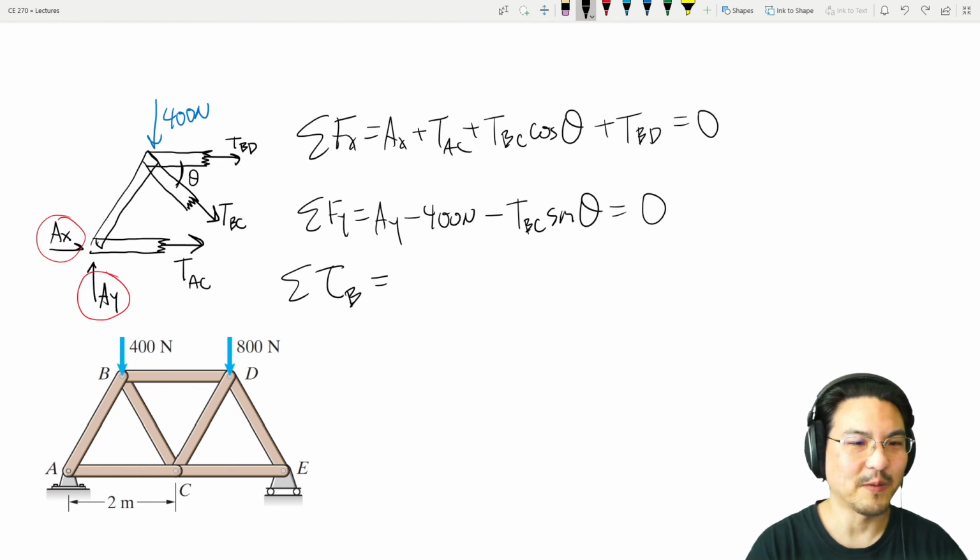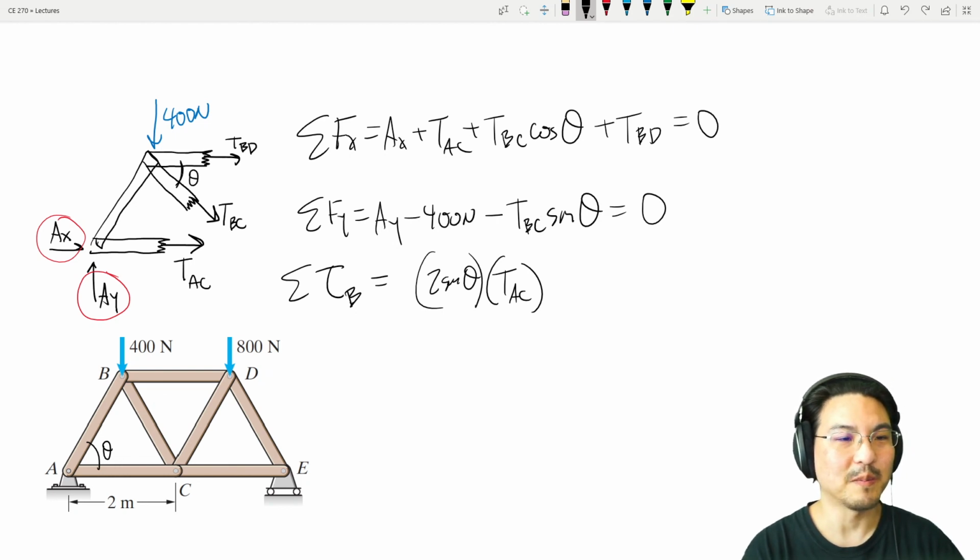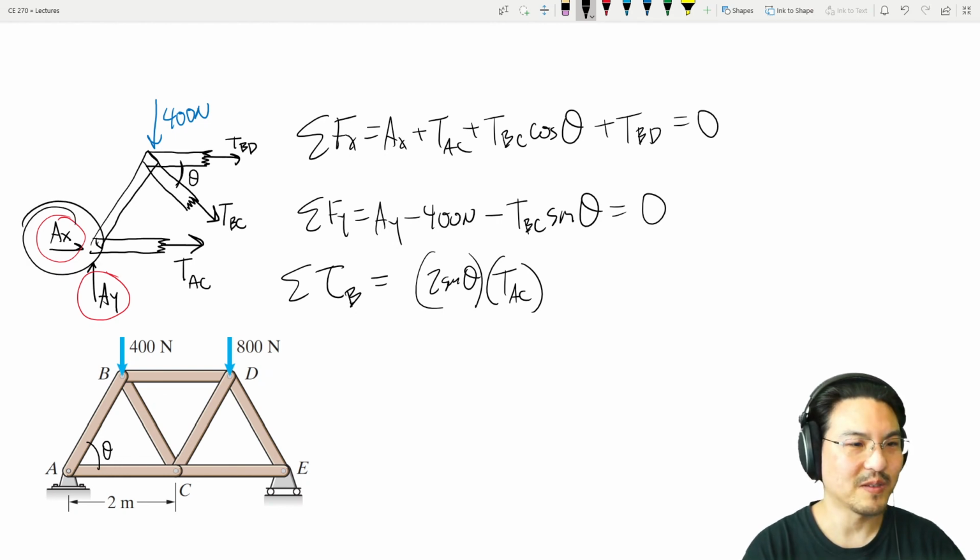So then there's only torque from here, TAC, which the lever arm is here to here, here to here. This is 60 degrees, right? So here to here has got to be 2 sine 60 times TAC, which will cause torque this way, which is in the positive z direction, so that's positive. And then there's torque from this force, which is also at 2 sine theta.